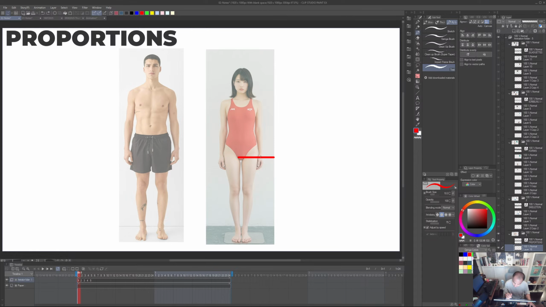So your hands would roughly be around that area. If you can find the midpoint of the body, that's where your hands would be if you're standing straight, and your hands are at the crotch area, right?